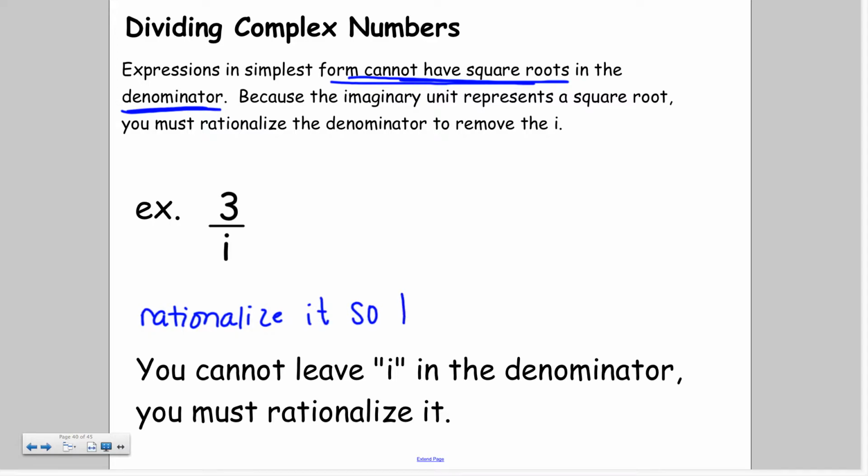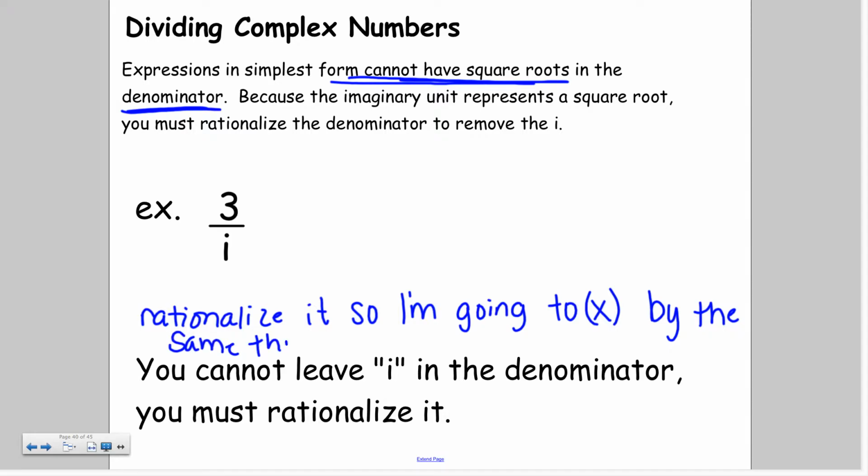So you can write this down so you have it. I'm going to multiply by the same thing that I have in the denominator, only it's negative.